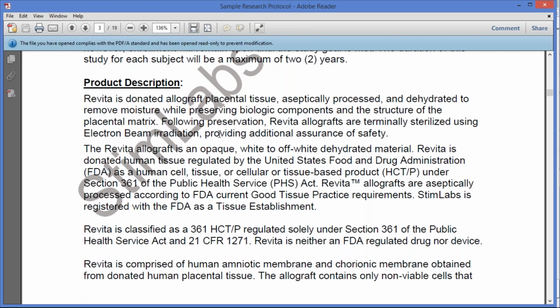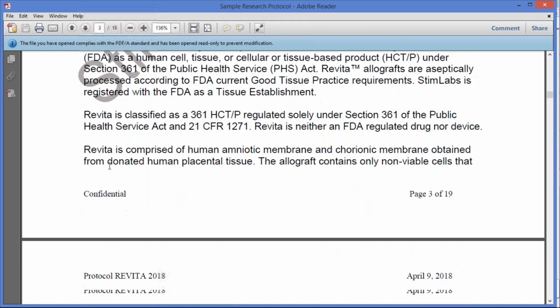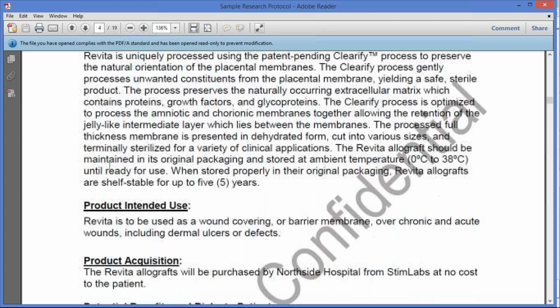So Revita is donated allograft placental tissue. It's an opaque white to off-white dehydrated material. It is a donated human tissue regulated by the US FDA as a human cell. These are all product details only.